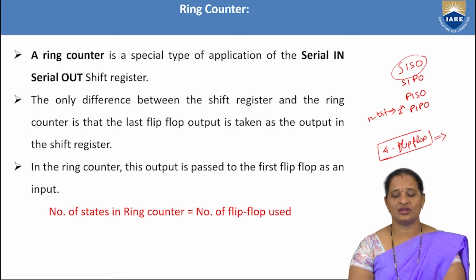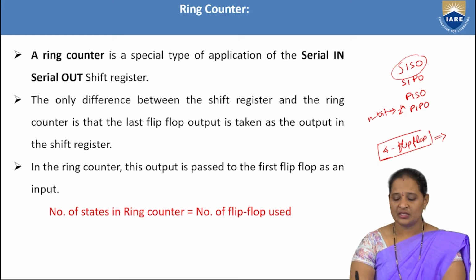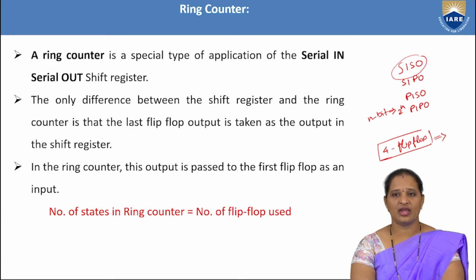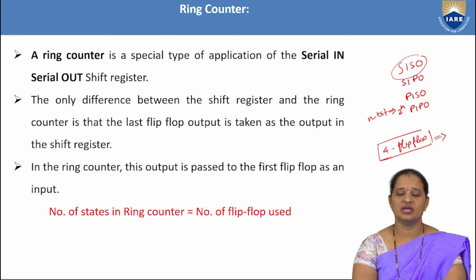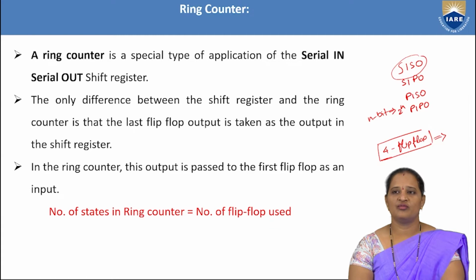Depending on the pulses required to be counted, we need to take that many flip-flops. The number of states in a ring counter is equal to the number of flip-flops used. That means if I'm using 4 flip-flops in a ring counter, I can count only 4 pulses.